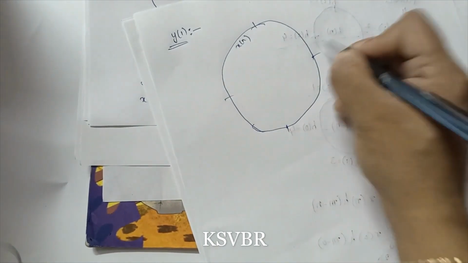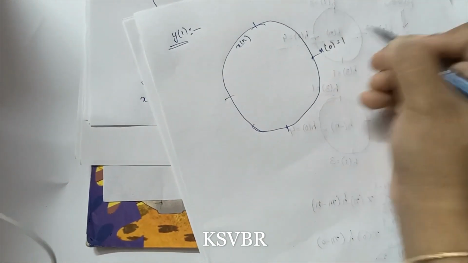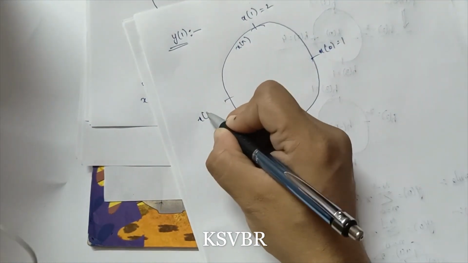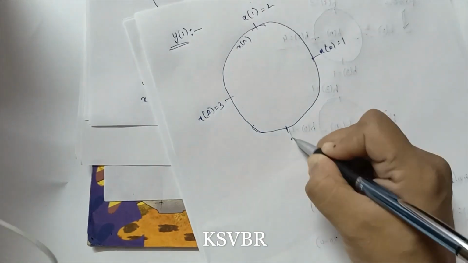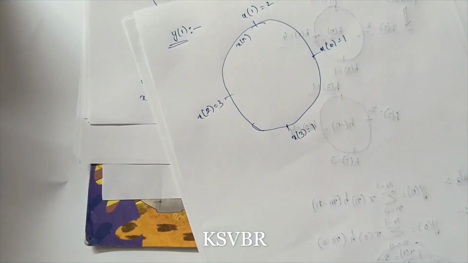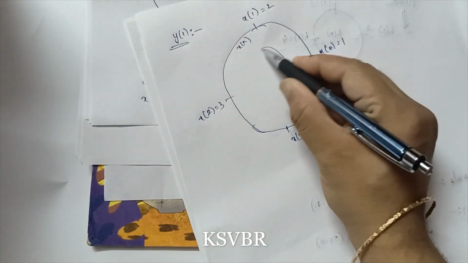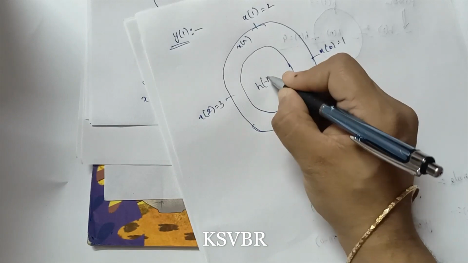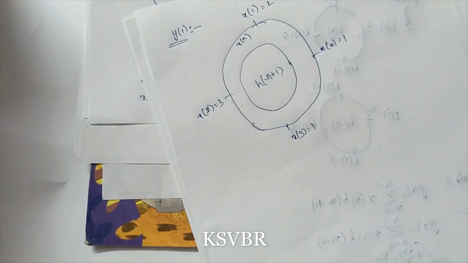Same points: x of 0 is equal to 1, x of 1 is equal to 2, x of 2 is equal to 3, x of 3 is equal to 1. Okay, so these are the 4 points. And here we have to do this as h of minus n plus 1.